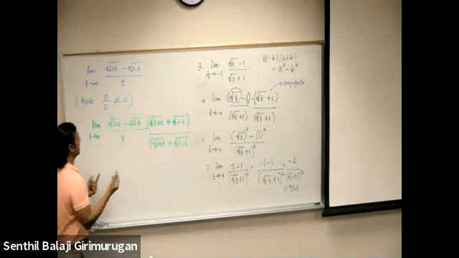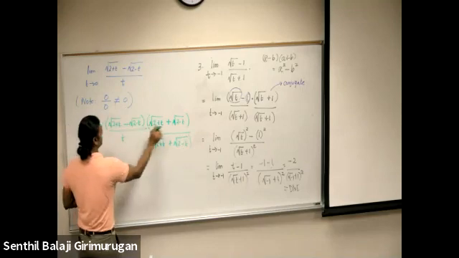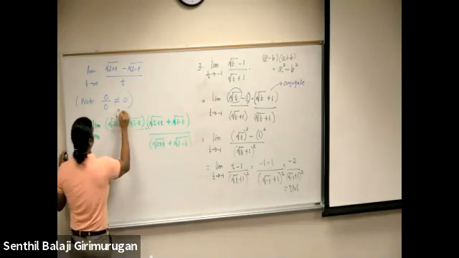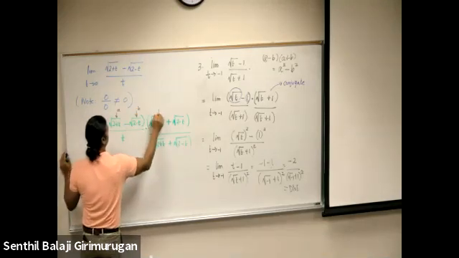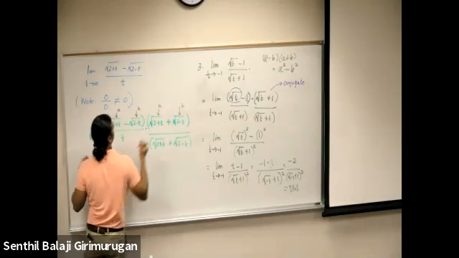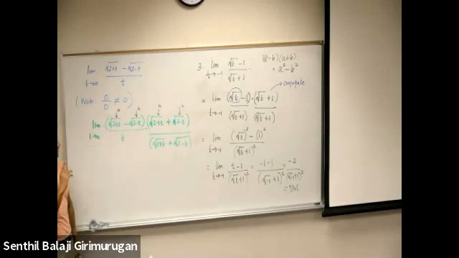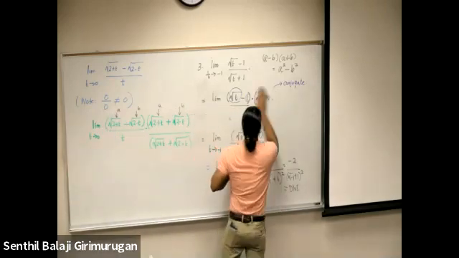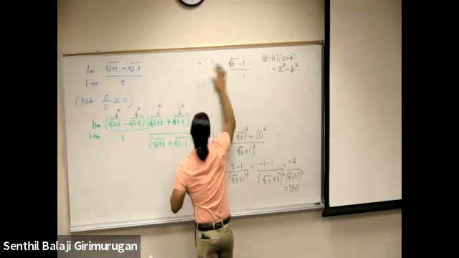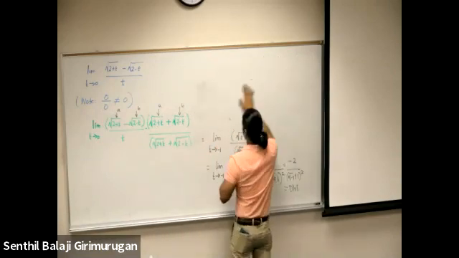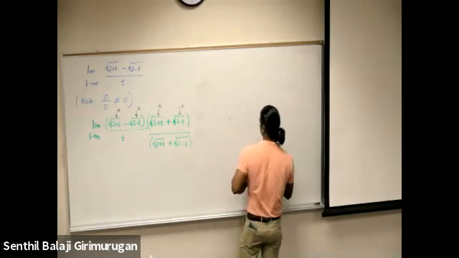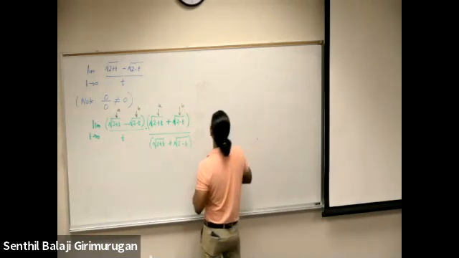Now, if you look at these two terms, I call that A, that's B. What I have is A minus B times A plus B. From the last problem, what is A minus B times A plus B?